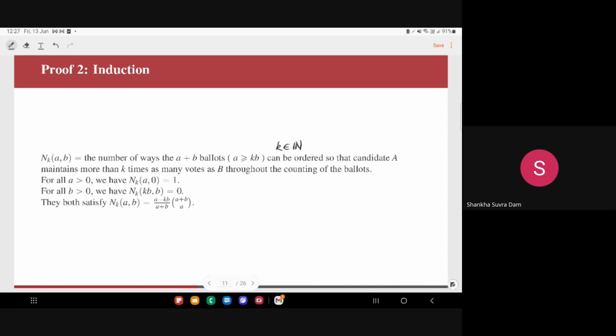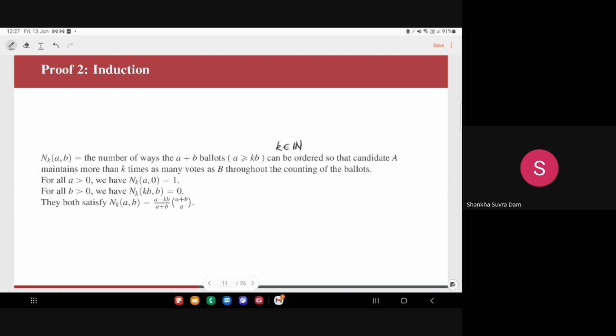Because whatever way we count, the process will have the number of votes for A greater than or equal to k times the number of votes for B, disregarding the last step. Even including the last step, that would be true.